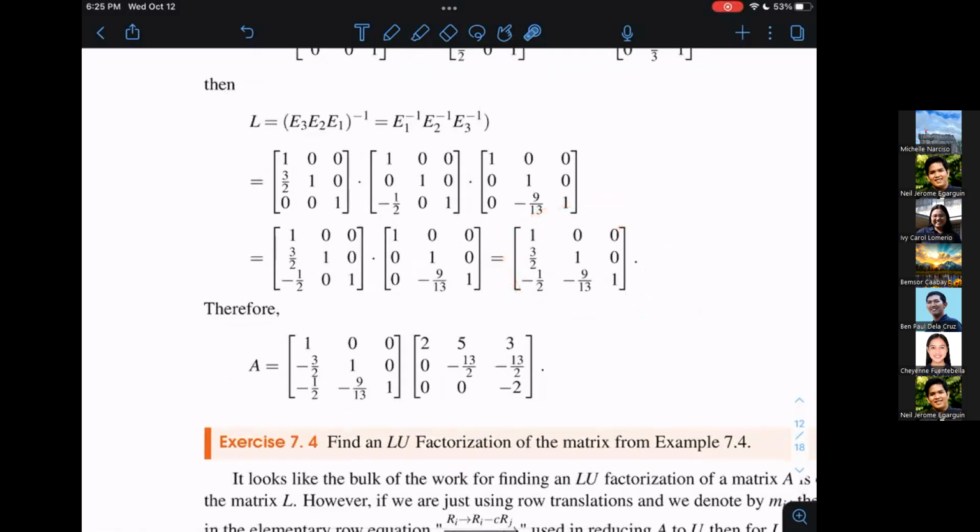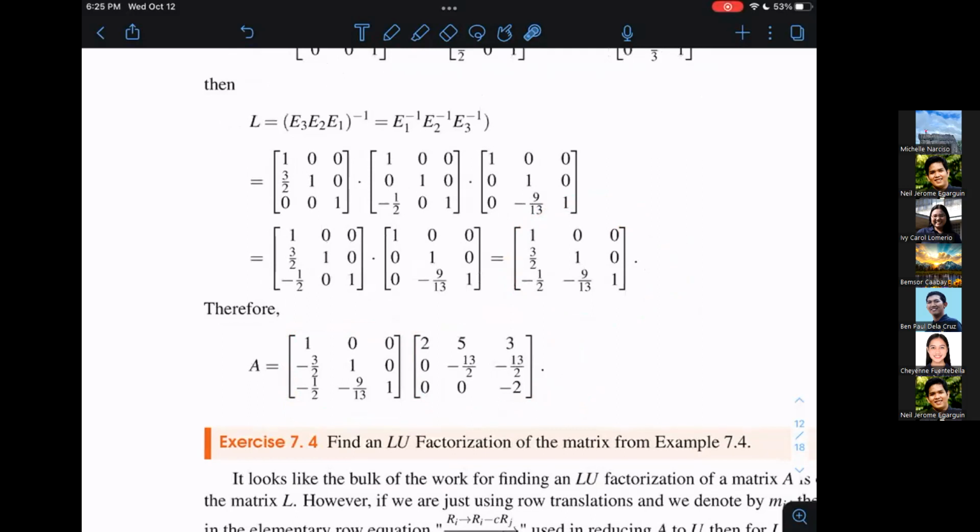And essentially, here we go. We got the LU factorization, a lower unit triangular matrix, times an upper triangular matrix. So this is one of the LU factorizations of the matrix A. Okay.